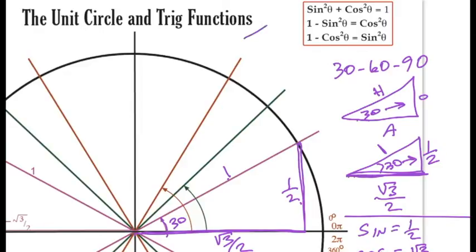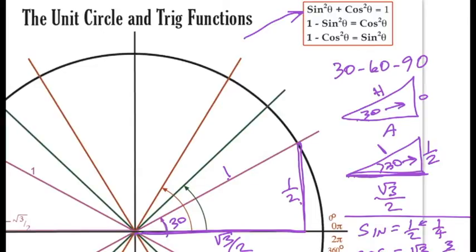Now remember, back up at the top where we just covered earlier, sine squared theta plus cosine squared theta always equals 1. Well, we can test that. 1/2 squared is 1/4. Square root of 3 over 2 squared is 3/4. 1/4 plus 3/4 is 1.